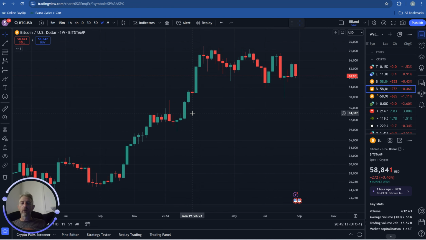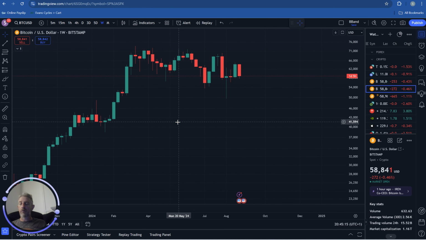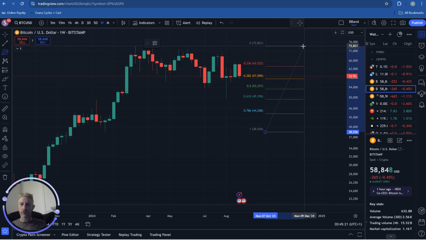So for the weekly time frame, the way I look at the last move and the way I put a Fibonacci retracement on is from the wick low to indeed the wick high. So from here to here. And then you can see that this has pulled back, well, this will wick down to the 618.